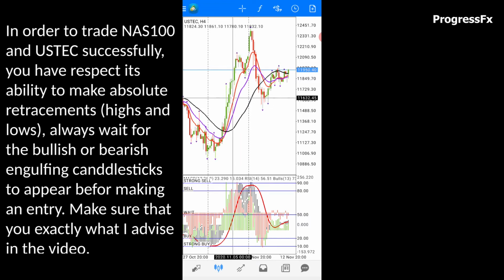So by the time it retraces back to gain bullish momentum, the account will start closing, because it's a very volatile pair. Most people don't understand this.